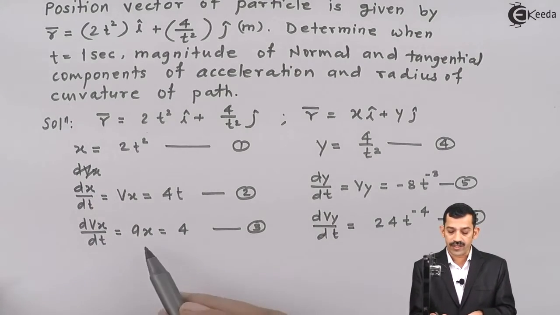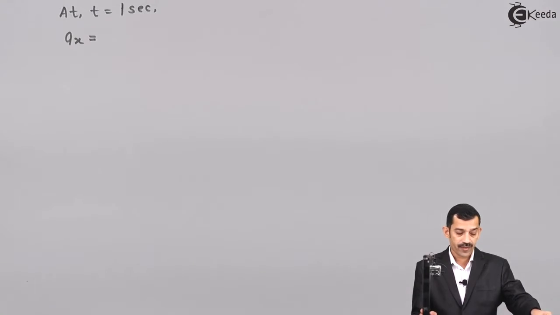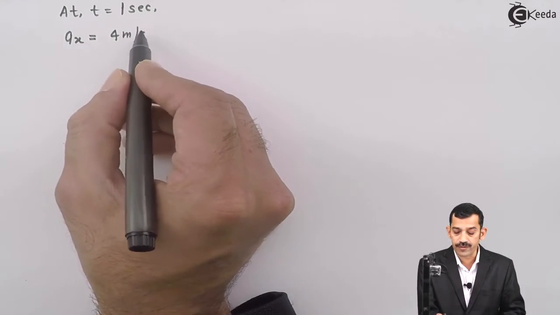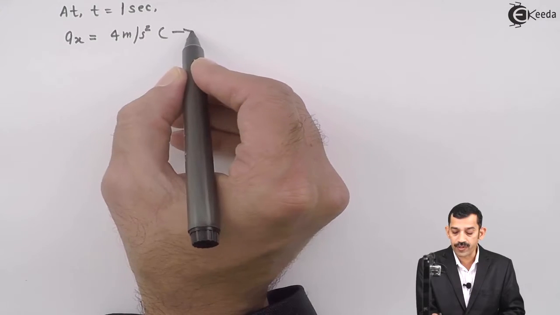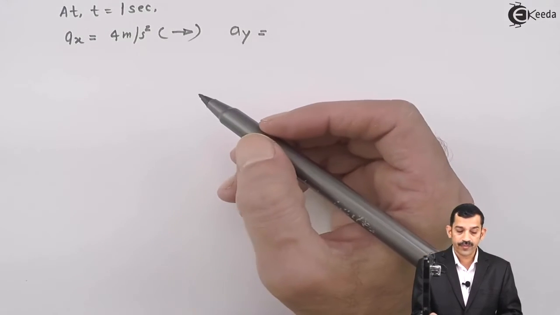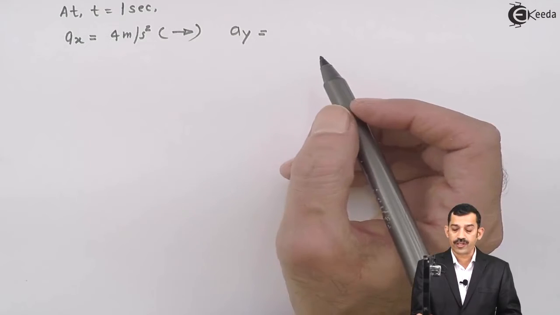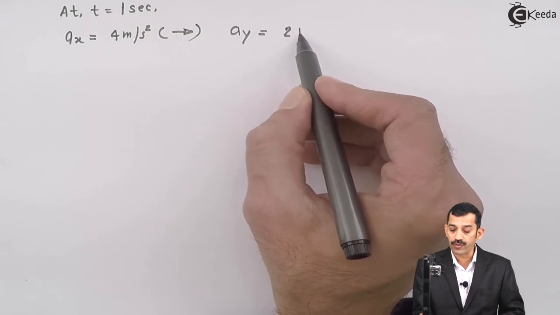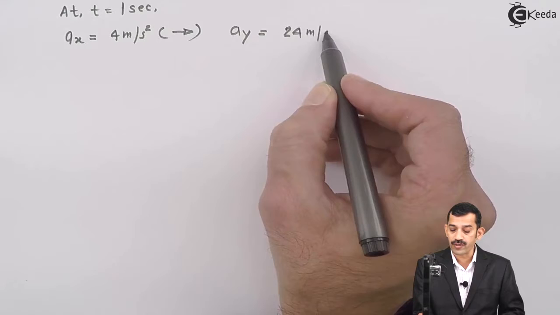At t equal to 1 second, ax comes out to be 4 meters per second square. Answer positive means rightward. Now ay is 24 t raised to minus 4, which comes out to be 24 meters per second square.